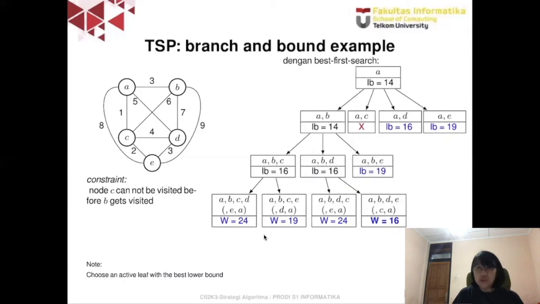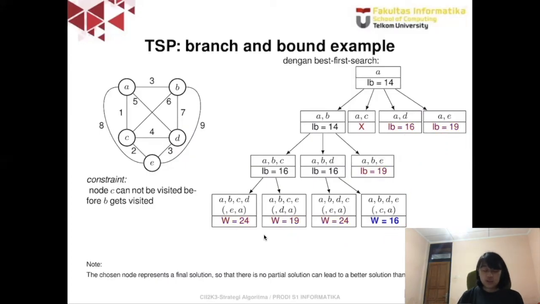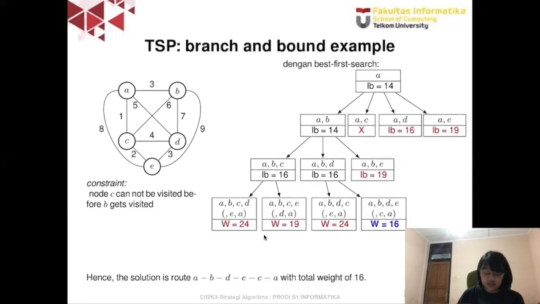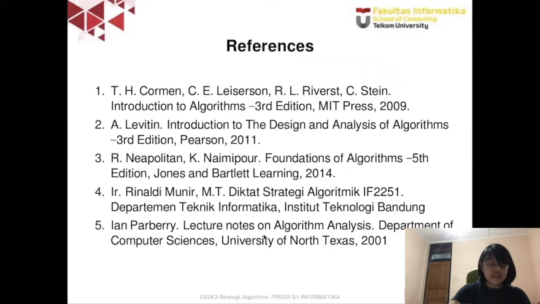And because this is already the final solution, and other final solutions are not better than 16, and for the other leaves we have, if we continue the partial solution, it cannot be lower than 19, 16, or 19, which means 16 must be the lowest one we can have. So we already found the solution, which is the route A, B, D, E, C, A with a total weight of 16. Okay, that's all for the traveling salesperson problem.